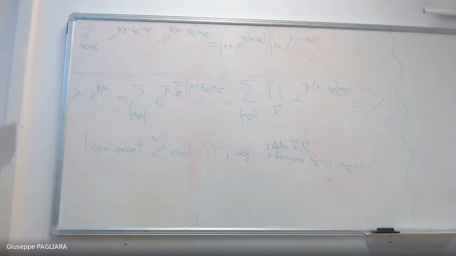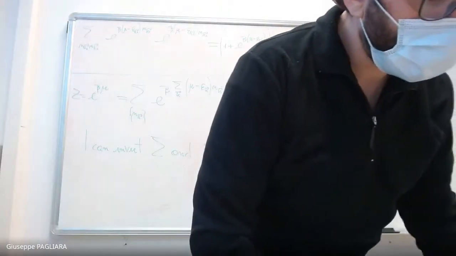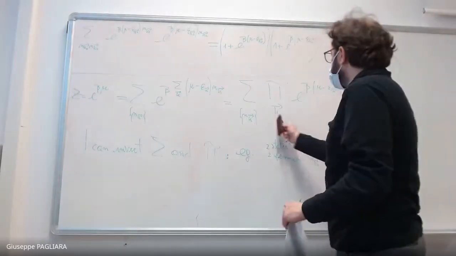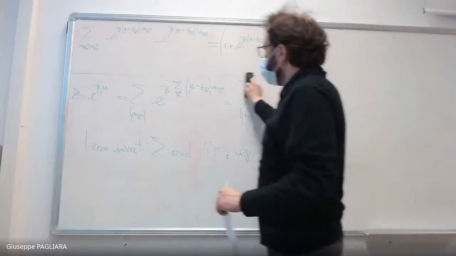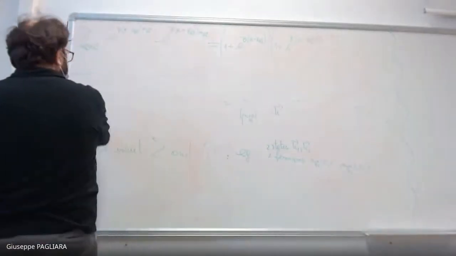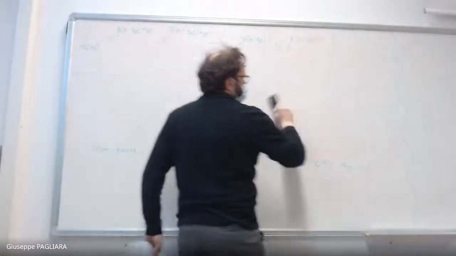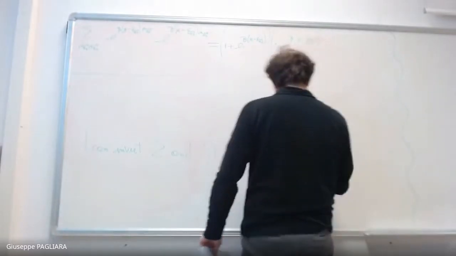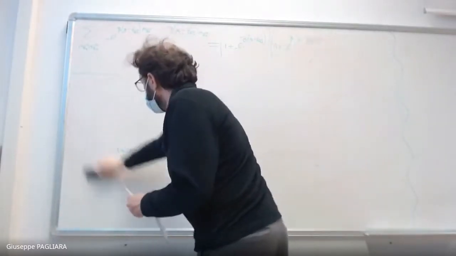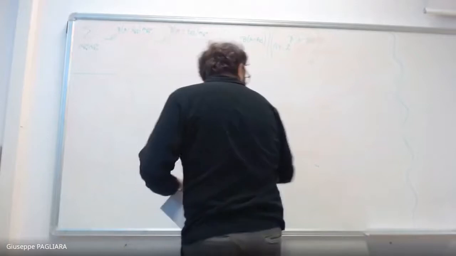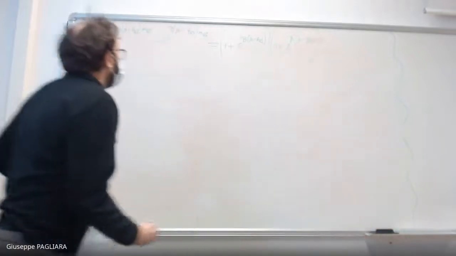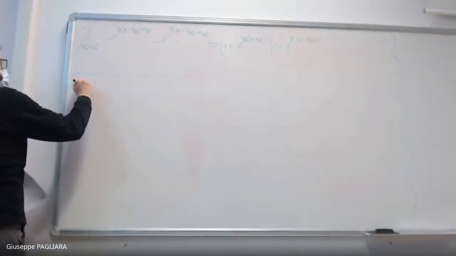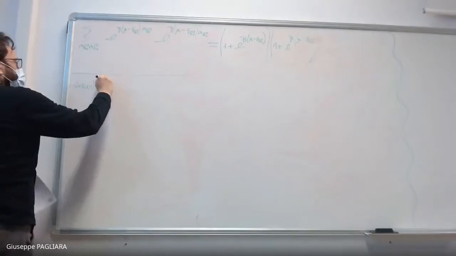Now let's try to do it by instead summing first and then making the products. So by inverting, now invert sum and product.